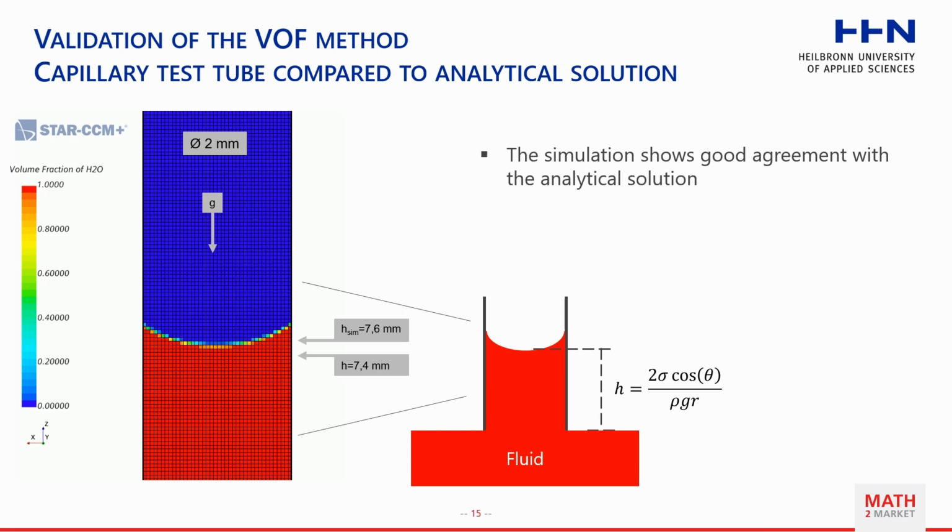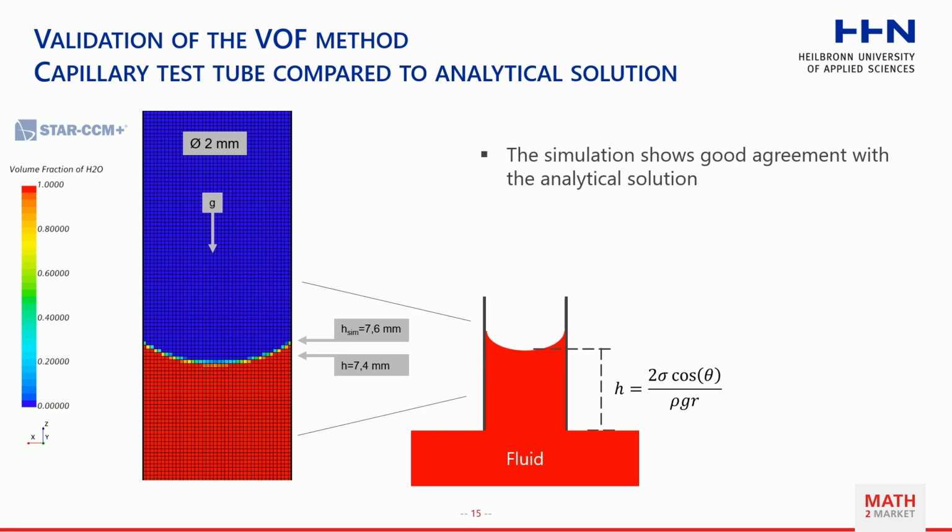The diameter of my simulated tube is 2 mm, and the wetting angle of the fluid, in this case water, is 60 degrees. On the bottom is a stagnation inlet, and the top of the tube is a pressure outlet. On the slide, you can see a 2D plane through the simulated 3D tube.